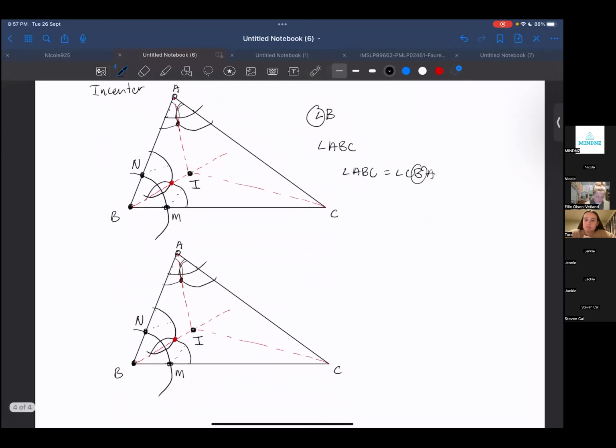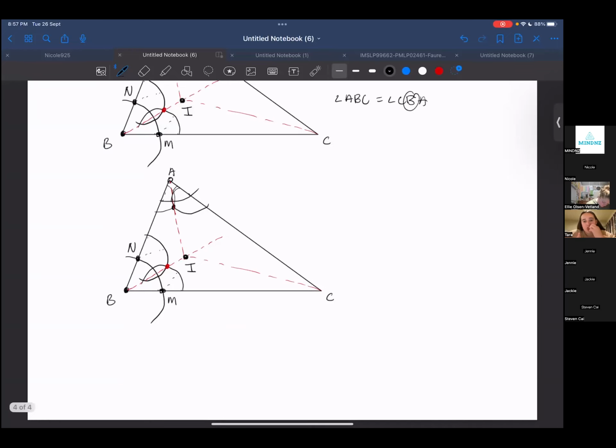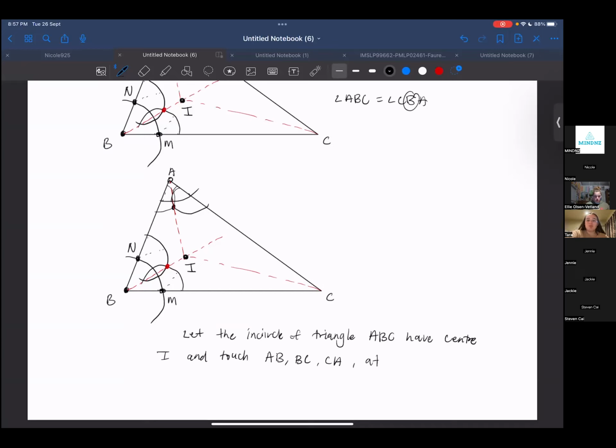Okay, so one problem could be: let the incircle of triangle ABC have center I and touch AB, BC, CA at P, Q, and R respectively.